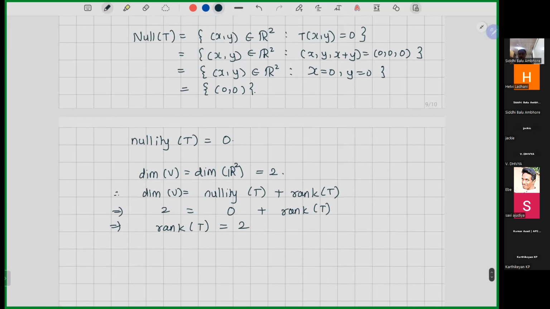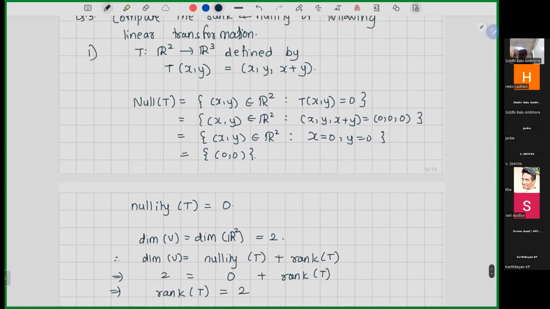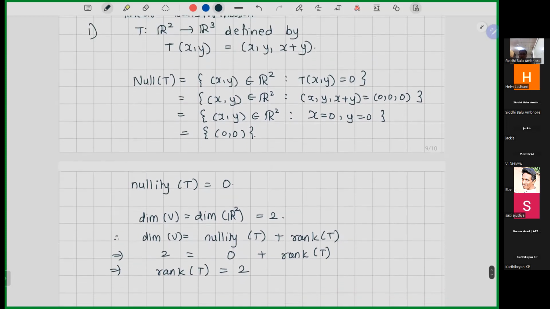Any doubts? We found the null space, took its dimension, and used the dimension theorem to get that the rank of T is 2. Please understand this: we are just comparing the first two coordinates, this one with this one and this one with this one, and we already got 0.